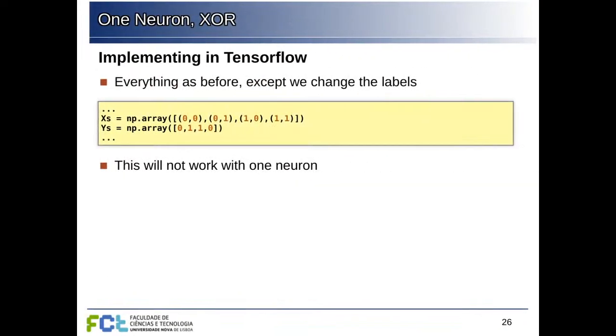If we change the labels for the exclusive OR, so the difference between OR and exclusive OR is that in exclusive OR, if we have true, exclusive OR true, the result is false. So this is the only thing that changes. We change this 1 for the OR to a 0 for the exclusive OR. And now this no longer works with 1 neuron.